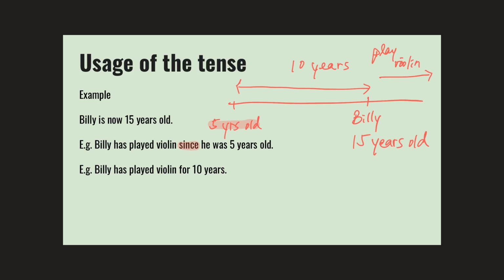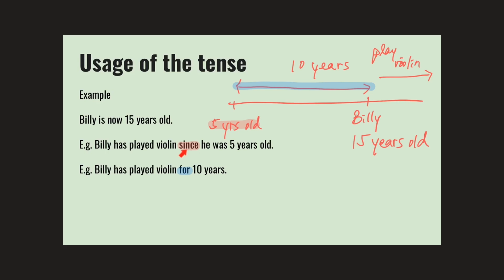But on the other hand, when we say Billy has played violin for 10 years, we are talking about the duration. How long has Billy played the violin? So he started at 5, right? Now he is 15 years old. So he has played violin for 10 years. How long has he played? 10 years, right?